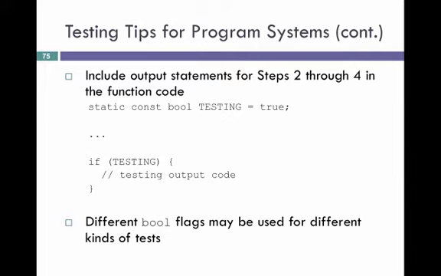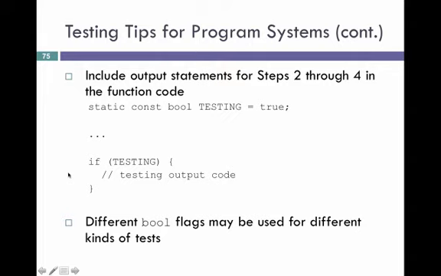Now another strategy I've seen people use is compiler flags for conditional compilation, so that you can compile in this output, and then you can set the compiler flag to be false, and then all of this output code won't even be generated by the compiler.